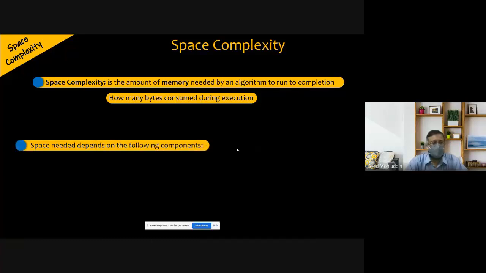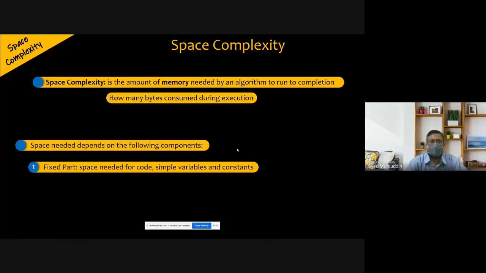Now, space complexity, or how much memory is needed, depends on the following two components. One is the fixed part. This fixed part consists of the space for the code, because when you are writing lines of code, those lines of code also have to be saved in the memory.